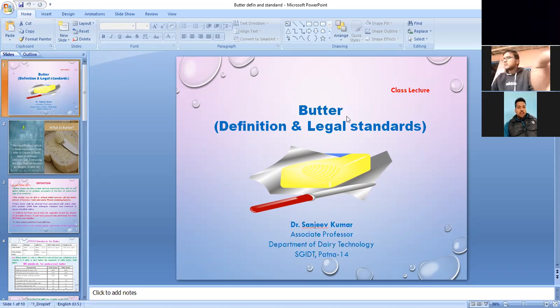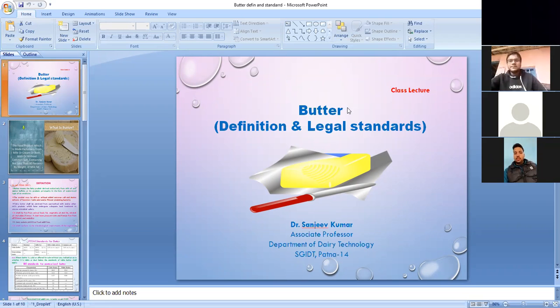Butter is a Western dairy product, but makhan is our traditional dairy product. So today we are going to discuss the definition and different legal standards of butter.